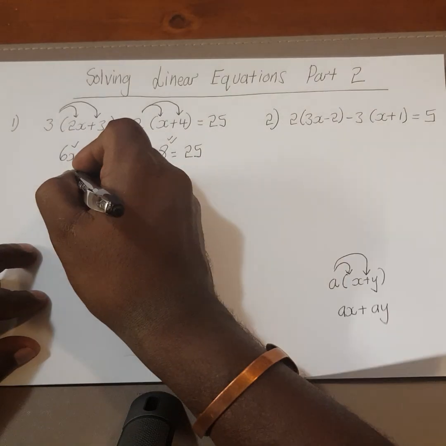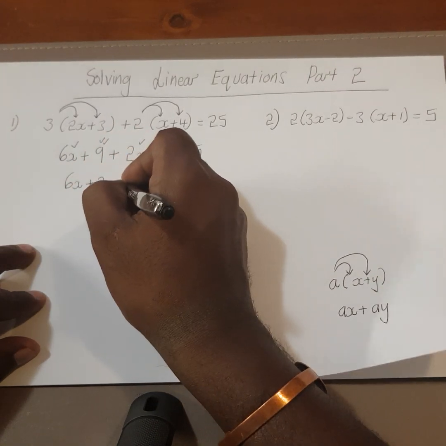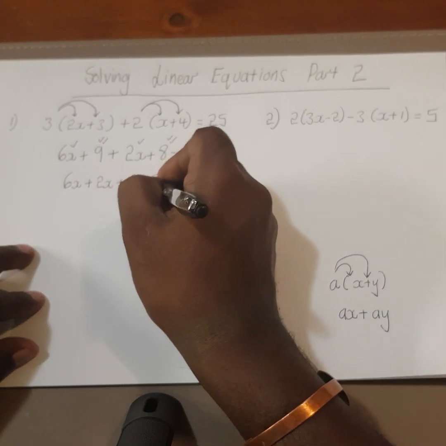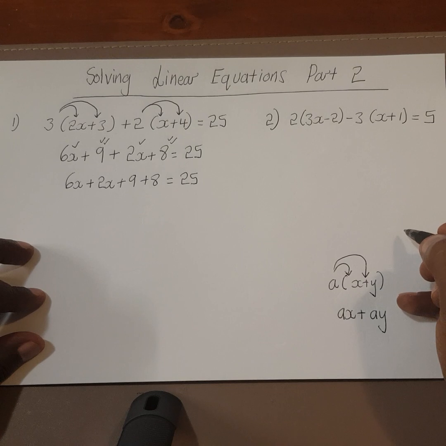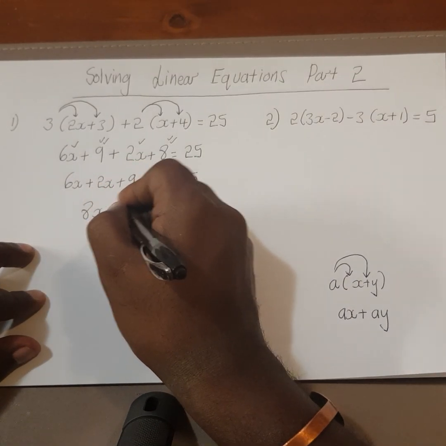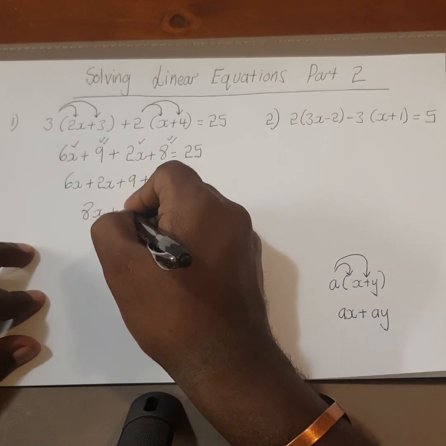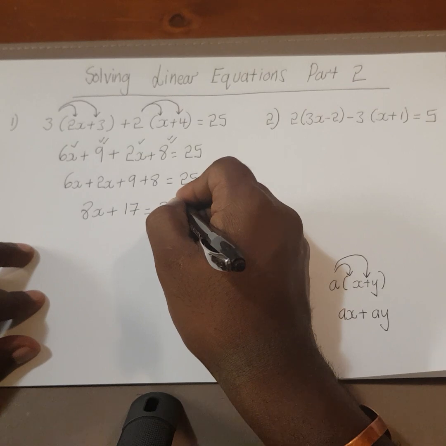So we rearrange: 6x plus 2x plus 9 plus 8 equals 25. 6x plus 2x now becomes 8x, and 9 plus 8 becomes 17, and that's equal to 25.